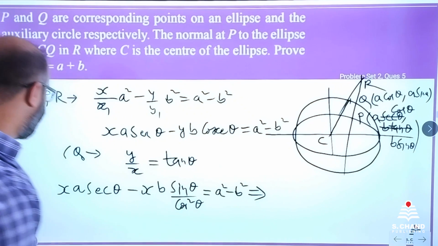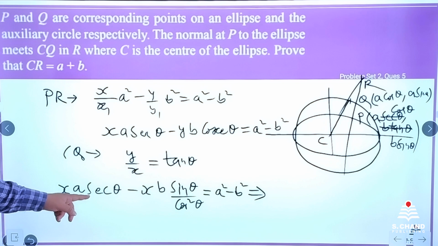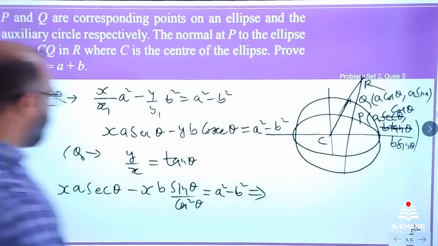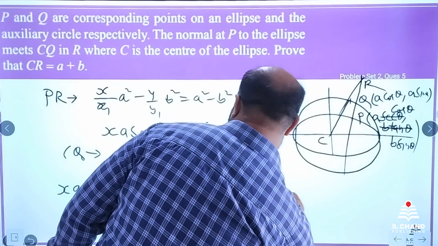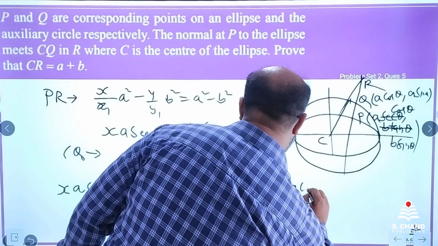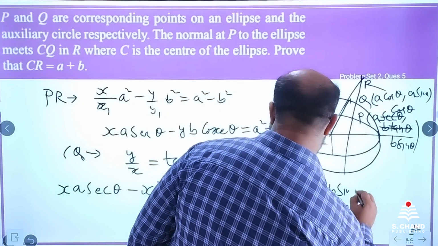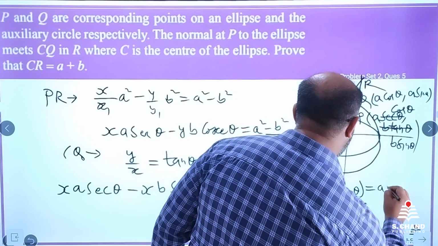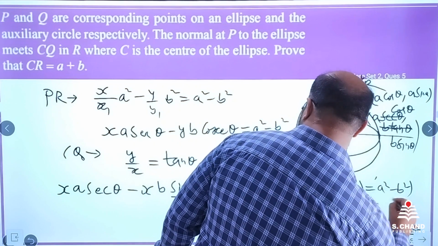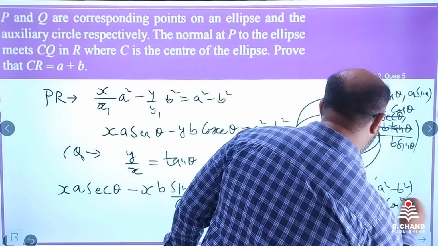So what will that give you? The LCM would be cos square theta, and this will become x into A cos theta minus B sin theta is equal to A square minus B square into cos square theta.